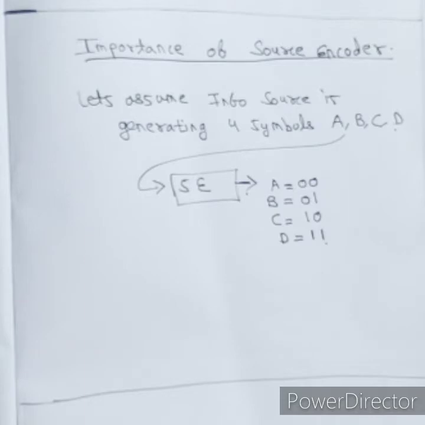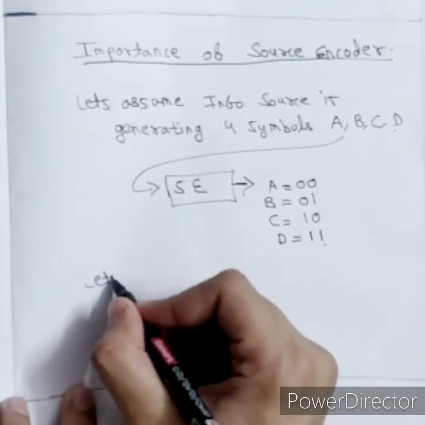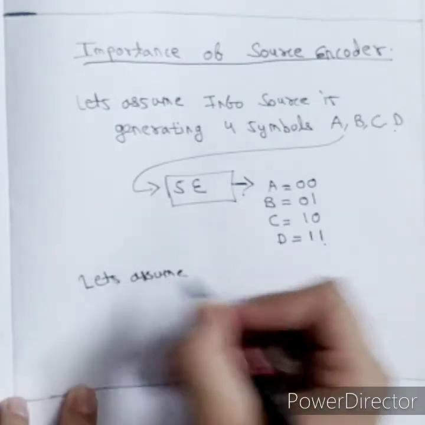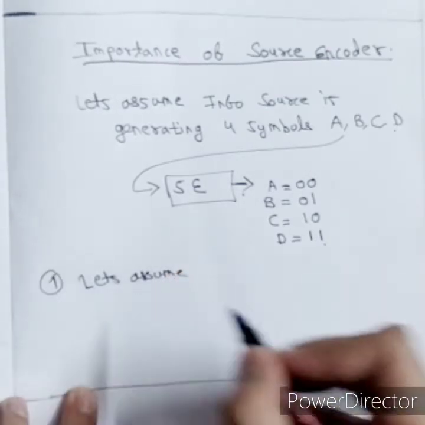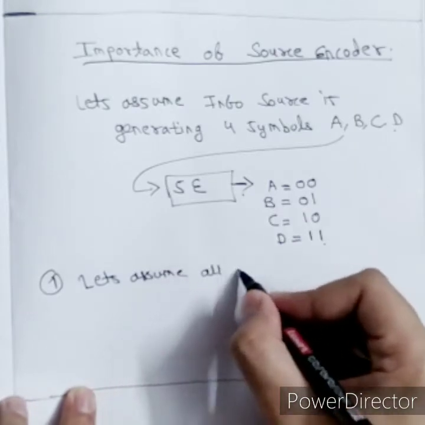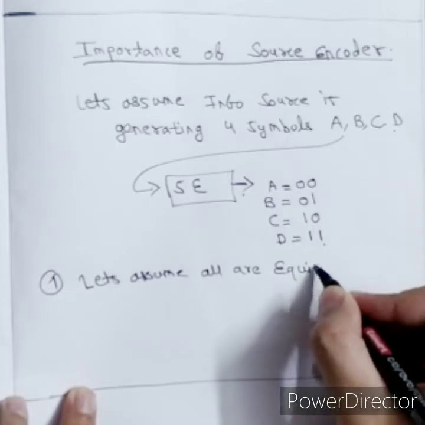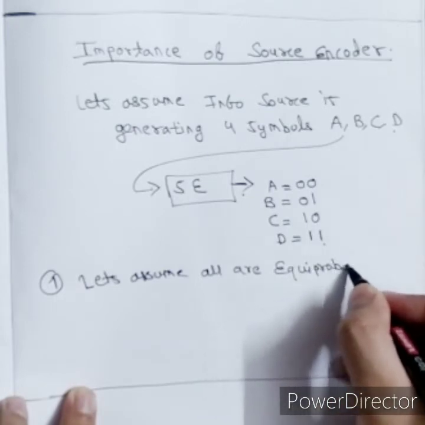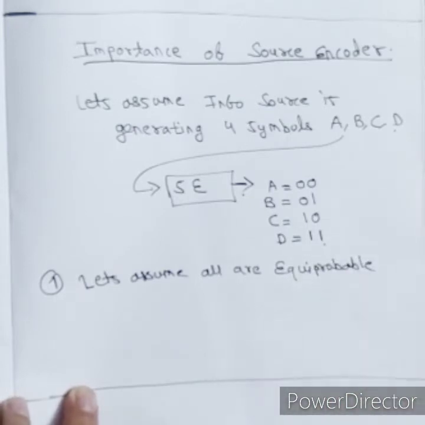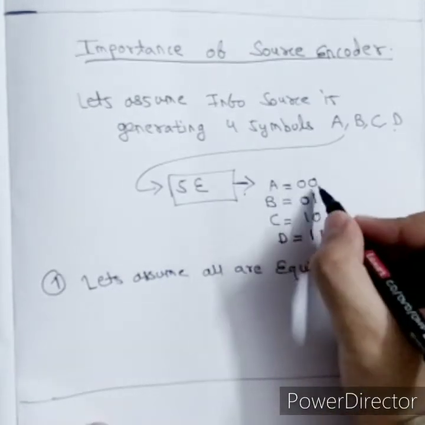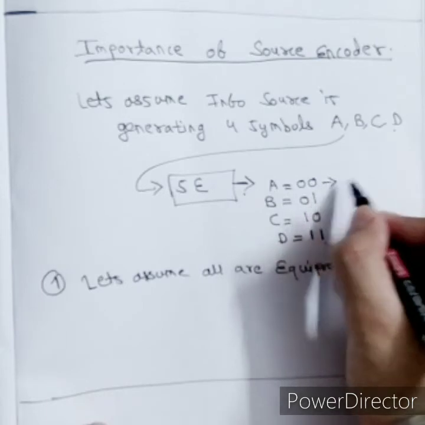But what if a particular symbol has a higher probability? First, let's assume all are equiprobable. So probability is 1/4. See, A is mapped to 2 bits, so length is 2 bits.